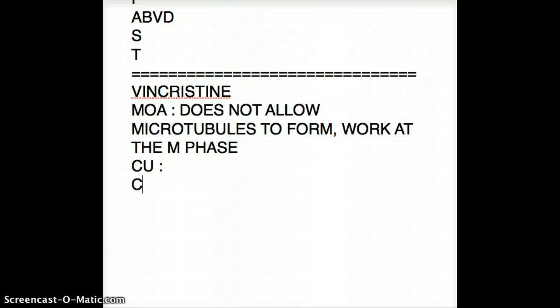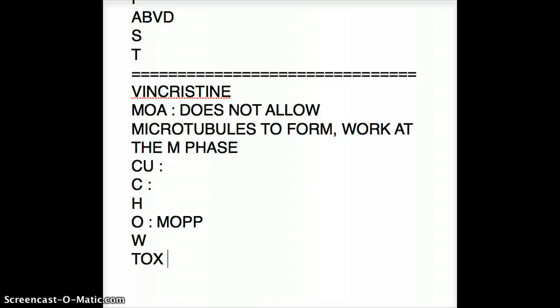C is for choriocarcinoma, H is for Hodgkin's, O is for the MOPP or MOP regimen, which is another regimen used for Hodgkin's. And W is for Wilms tumor. Okay, CHOW.